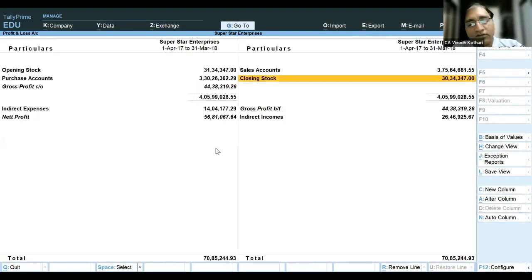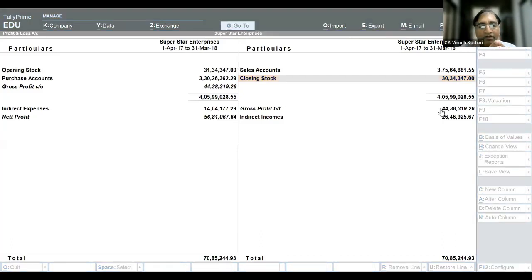Why am I telling this? Because closing stock is the game changer of any P&L. If you don't value it properly, then it becomes a big trouble. What do I mean by value? Say, for example, I have purchased a stock for 1000 rupees.